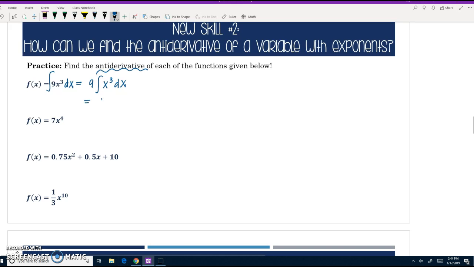From there, I follow the process where I add 1 to my exponent. So that 3 is going to become a 4. And then I divide by 4 as well. And I add the constant to demonstrate that any constant could be added and would end up with the same derivative. Again, if I were to check f prime of x for my new function, what I would find is the 4 comes out in front. Those would cancel. I would subtract 1 from the exponent, so I would end up with 9x cubed.